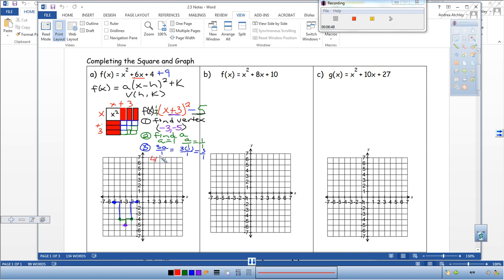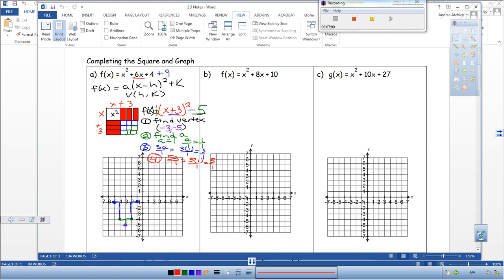And then, okay, I need to do 5a over 1, which is 5 times 1 over 1, which is 5 over 1. That's the patterned rate of change for a parabola, 1, 3, 5.